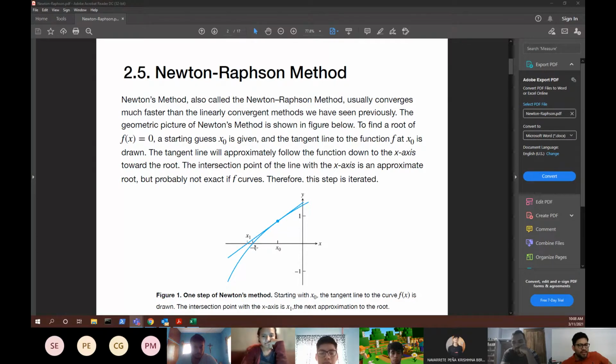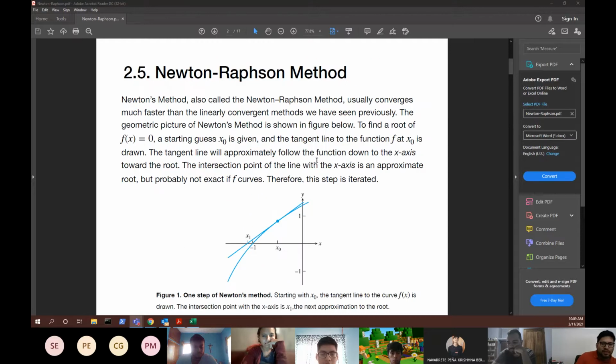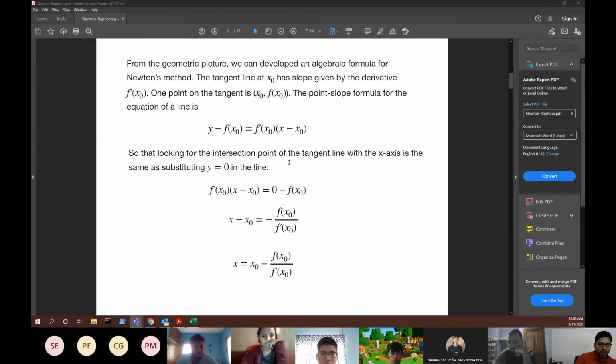That's why, if you see that we're using the derivative of the function, we have to use the derivative in this class. It's very, very important to use the derivative. So in general, if you think about how to obtain Newton's method formula, we go to what we developed for the formula for the line function.